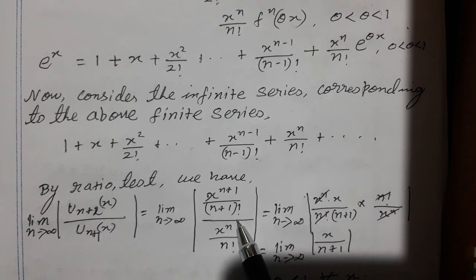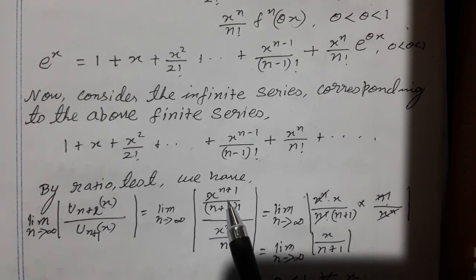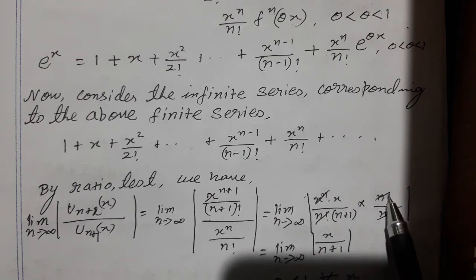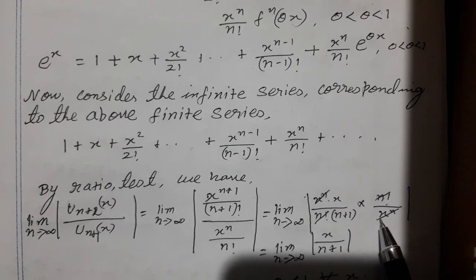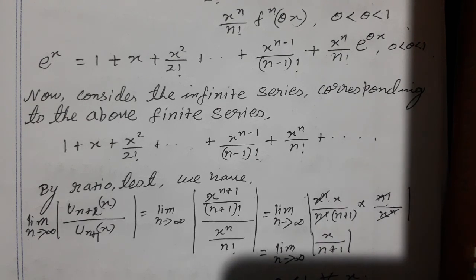So this division, I've changed to multiplication, so this goes up. x to the power n plus 1 can be written as x to the power n into x, and n plus 1 factorial can be written as n plus 1 into n factorial. So n factorial and n factorial get cancelled, x to the power n and x to the power n cancel, so we are left with x by n plus 1.